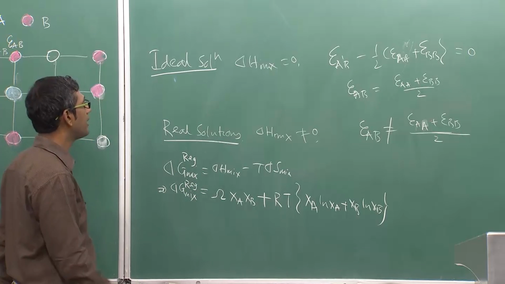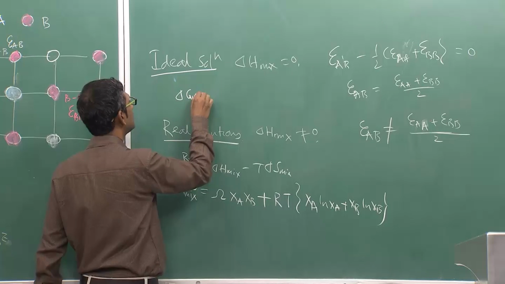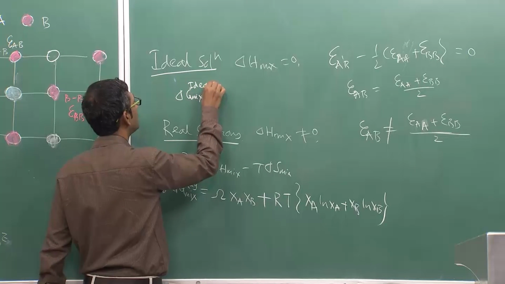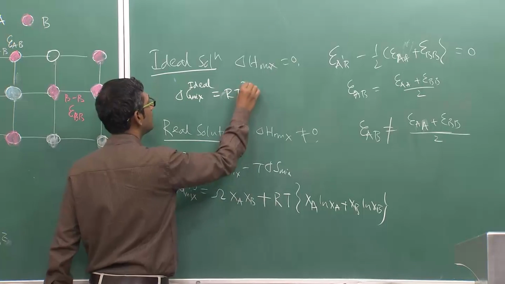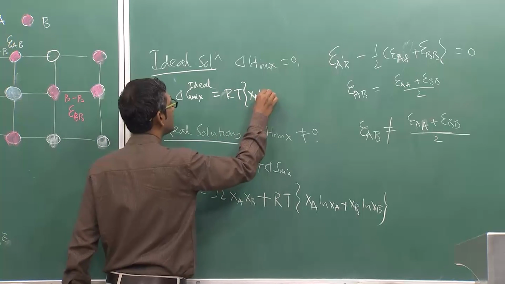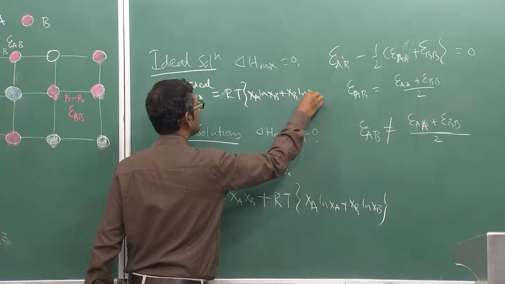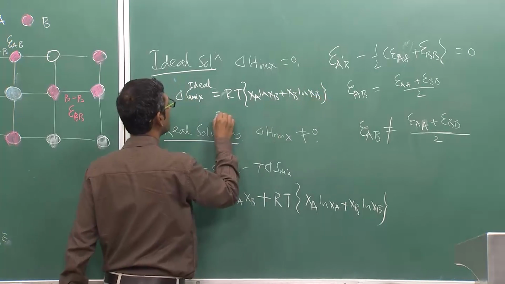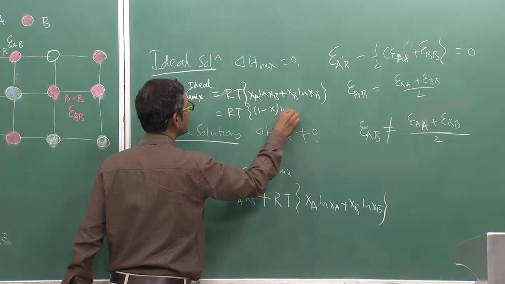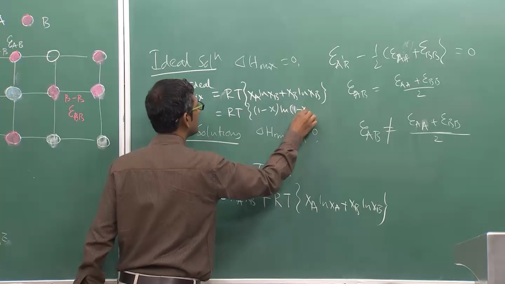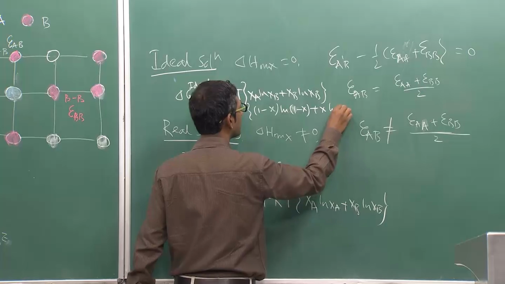For ideal solutions, we know that delta G mix ideal is nothing but RT (XA ln XA plus XB ln XB). And I wrote these things in the last lecture as like this. So this is also correct: RT ((1 minus X) ln (1 minus X) plus X ln X).